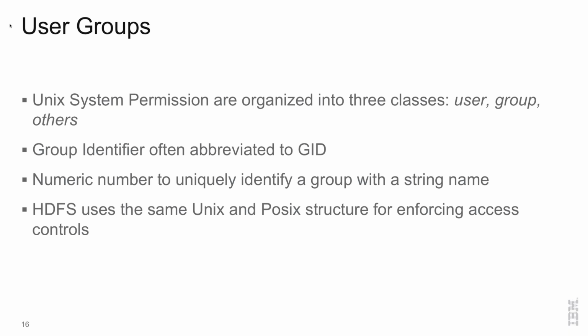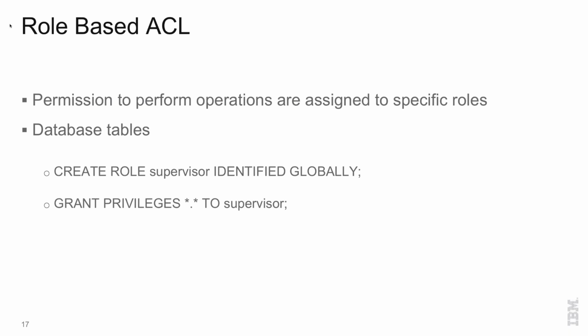So that's the key point we want to mention here, because all Hadoop authorization is based on the username, right? Who you are and which group you belong to. And right now, what has become very popular is so-called role-based access control, right?